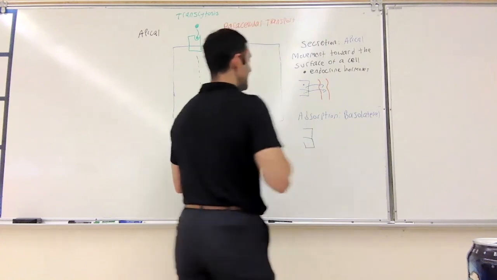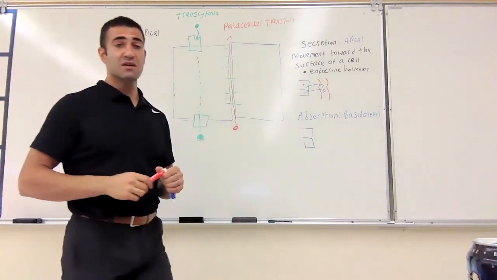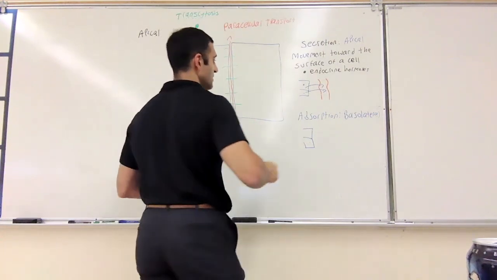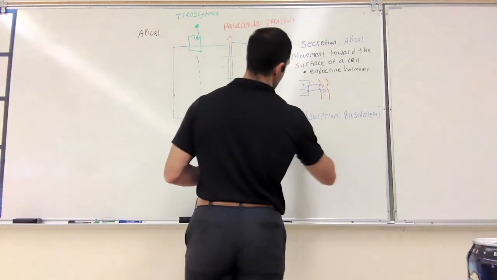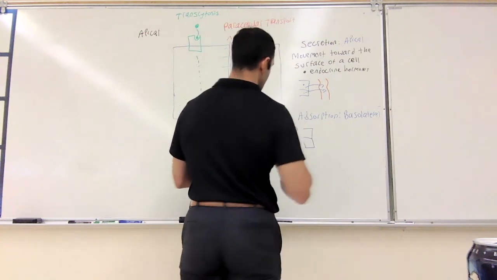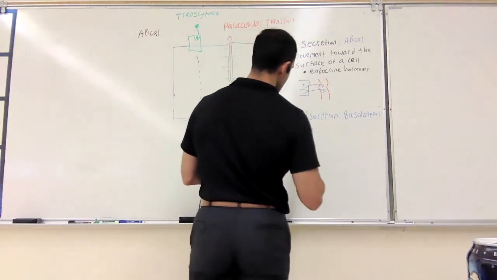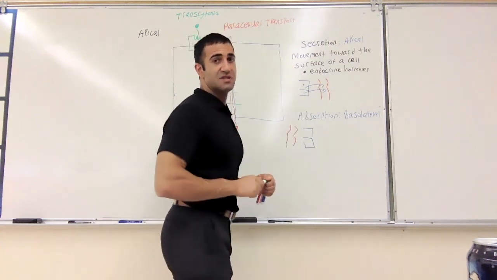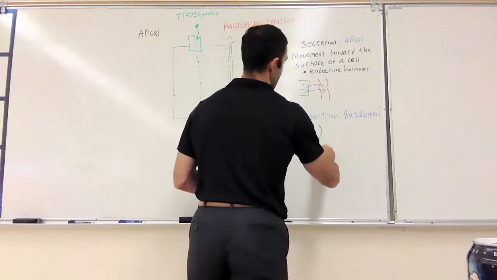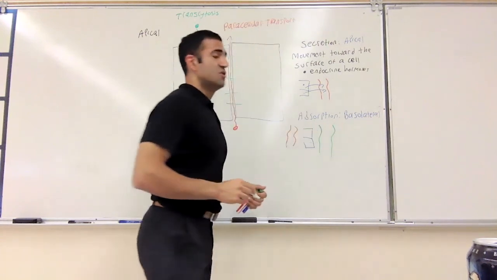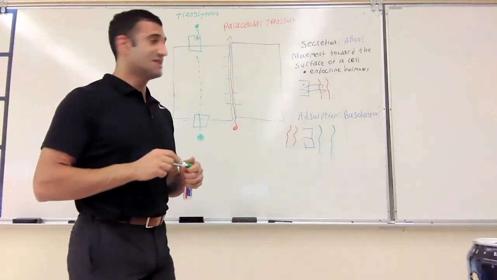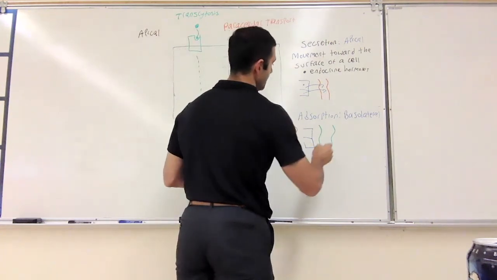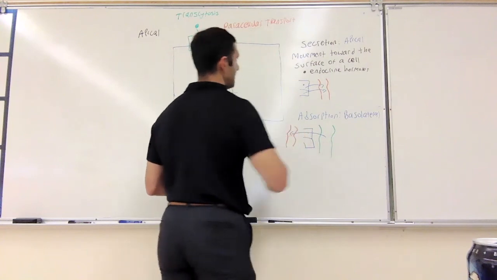Following digestion, what you want to do is get nutrients from the small intestines into the blood. So it's going to go from the apical side to the basolateral side.